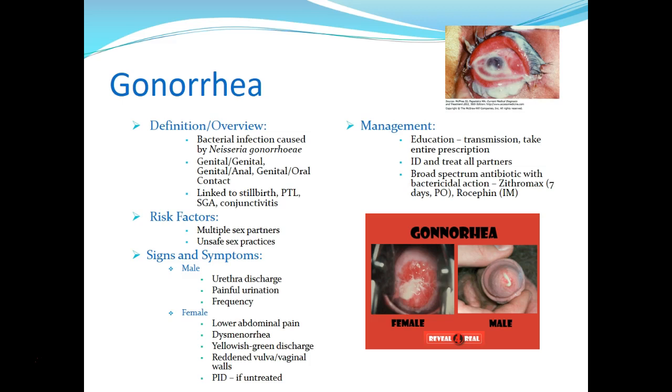But still, we need to educate our patients on how it's transmitted because oftentimes people don't understand that with gonorrhea it can be transmitted in different ways, not just through intercourse, but through oral sex and anal sex, and it's important that they know that. Also, we want to identify and treat all the partners of the person who we've diagnosed.